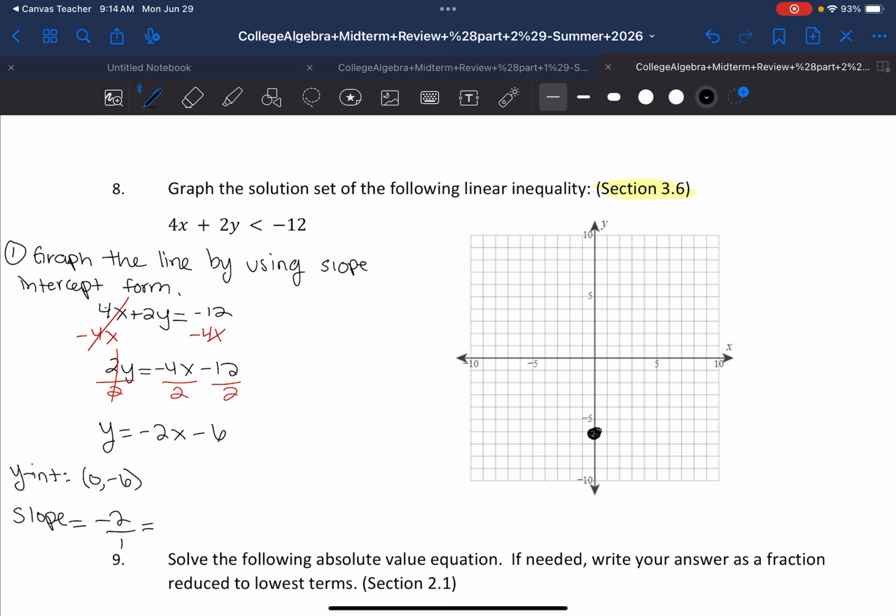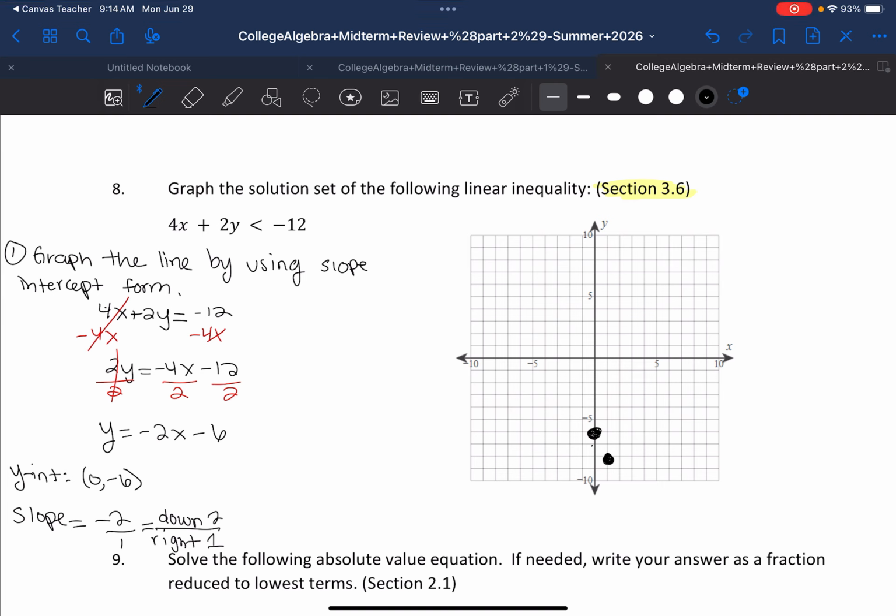So that tells me to go down 2, because it's negative, and then to the right 1. So if that was positive 2, I would go up 2 and then to the right 1. So I'm going to go down 2, 1, 2, and then to the right 1 from that point I plotted. So I went down 2 and then to the right 1 to find my other point.